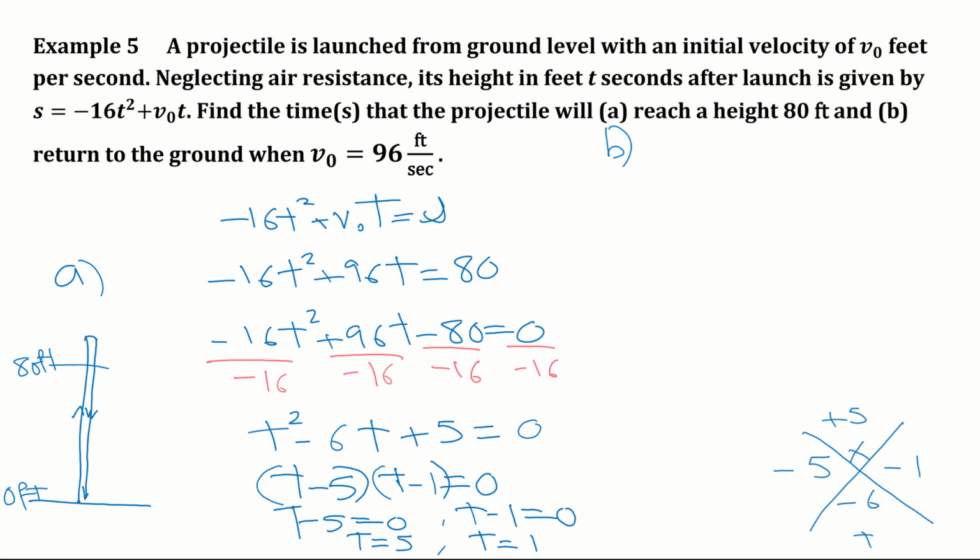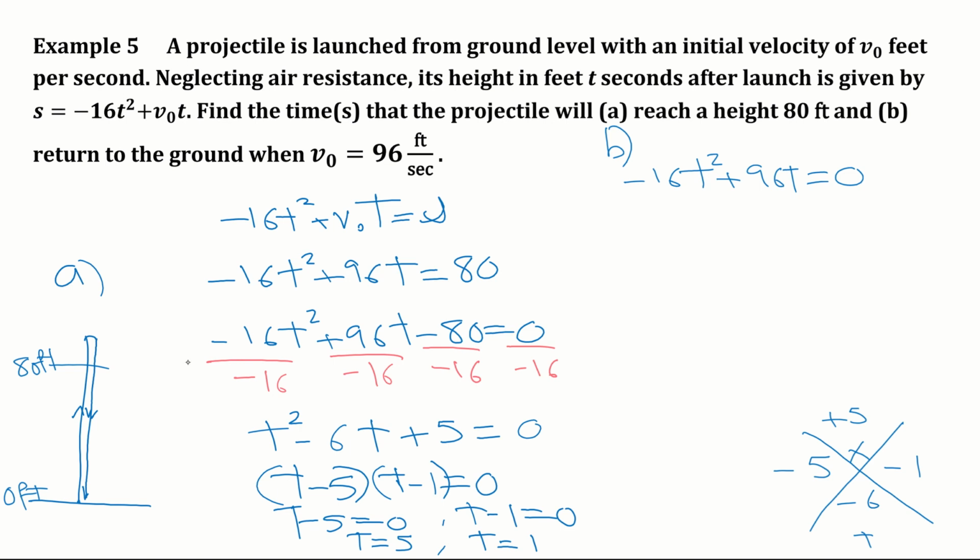Okay, so we want negative 16 t squared plus, this time I'm just going to plug in the 96 t to reach a height of 0. That's what we're doing. The only difference between these two parts is the value that you're going to use for s. Of course, the height 0 is what represents s for part B. So now we just need to solve this simple equation.